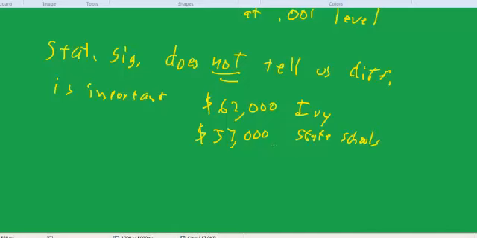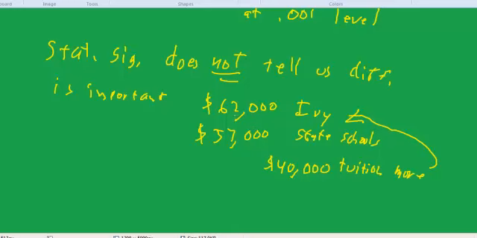Now, if the Ivy League tuition is let's say $40,000 more per year, and you're going for 4 years, it would take you a long time to make back that tuition difference at a $5,000 difference.